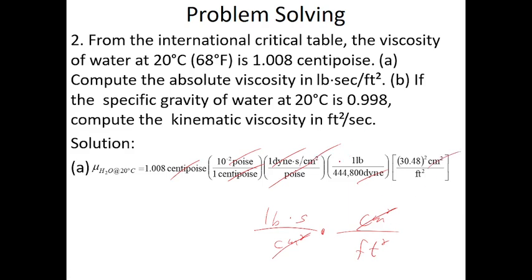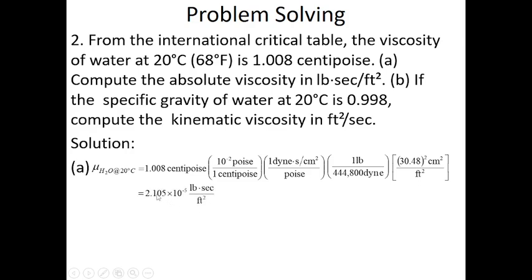That is the unit that will appear, and that is what we are looking for: pound second per square foot. So, 2.105 times 10 to the negative 5 pound second per square foot.